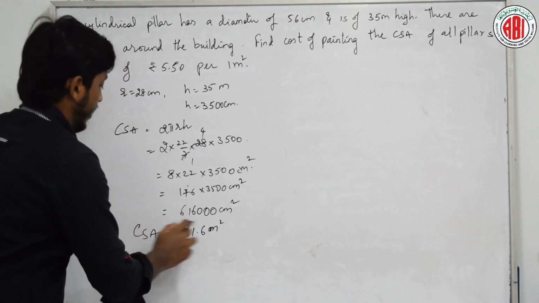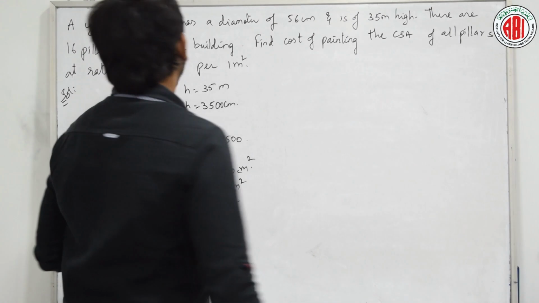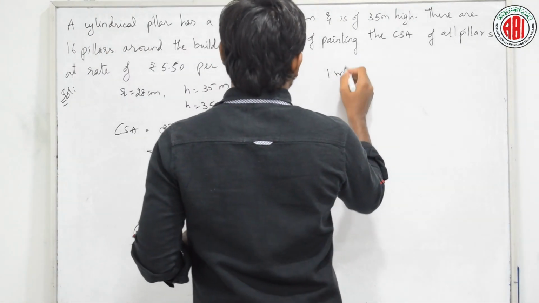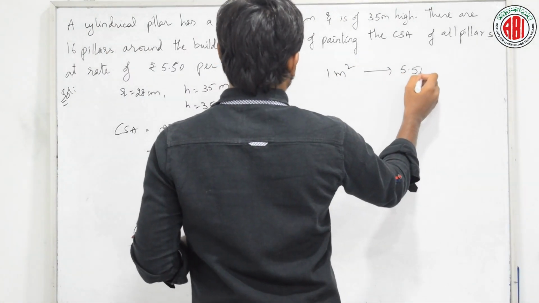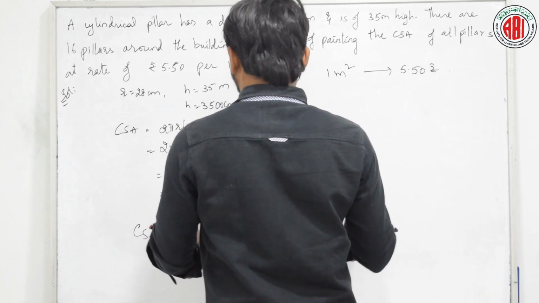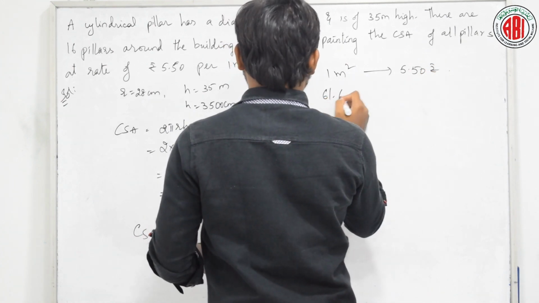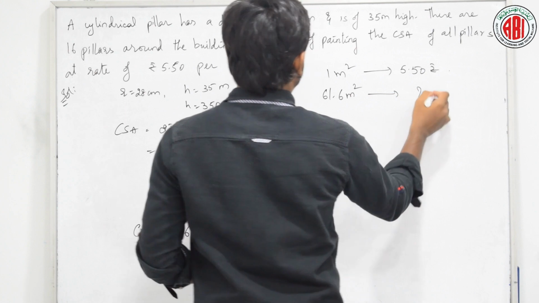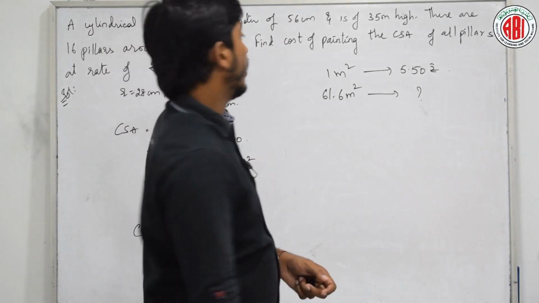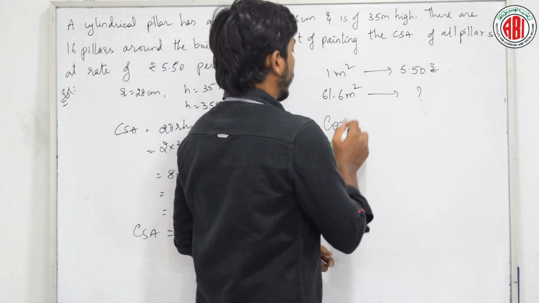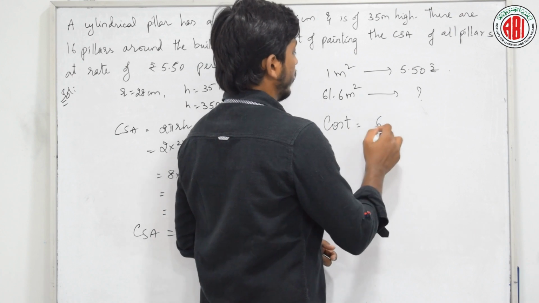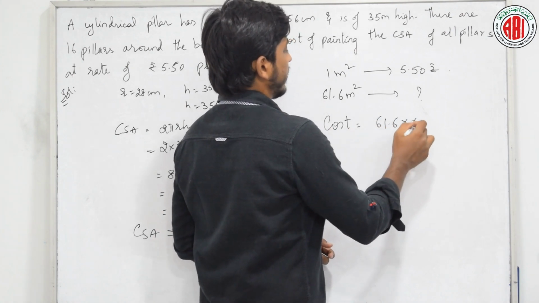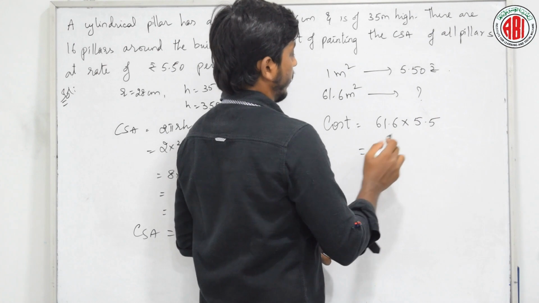This is CSA. Now tell me, for 1 meter square it is 5.50 rupees. Then for 61.6 meter square, what is the cost? Therefore the cost of painting is equal to 61.6 into 5.5.